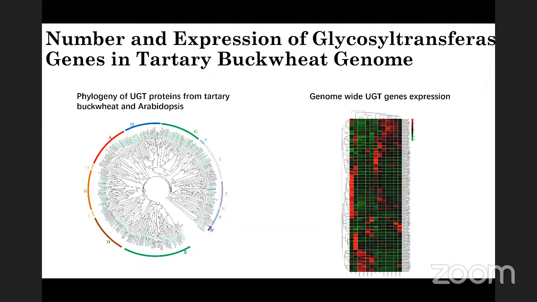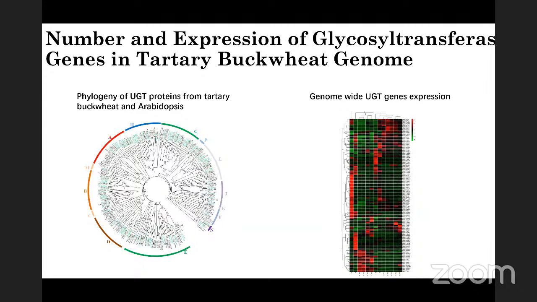Other 31 UGT genes were highly expressed at the stage of the ovary bulge. Finally, we want to determine which UGT genes are involved in the emodin glycosylation and rutin glycosylation.